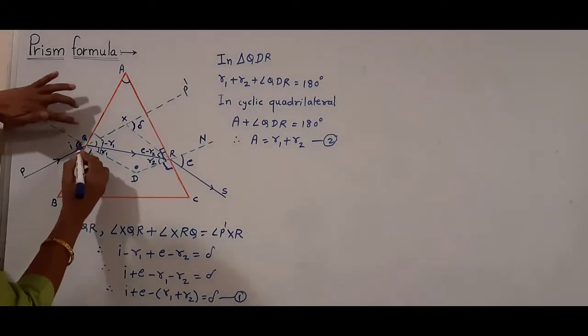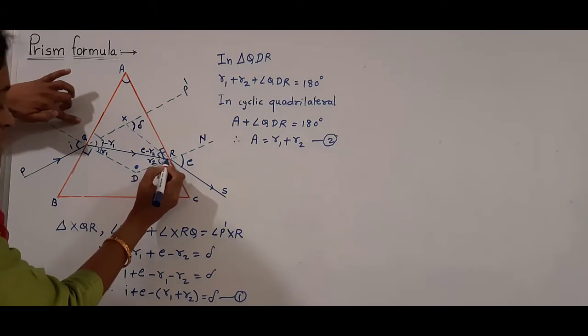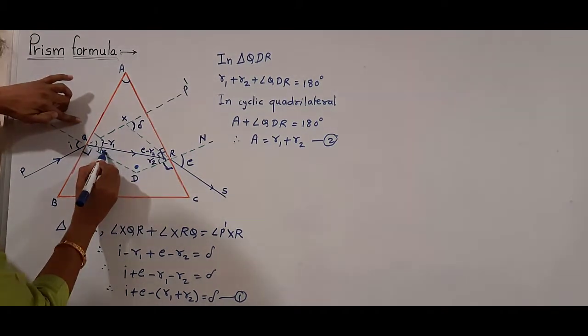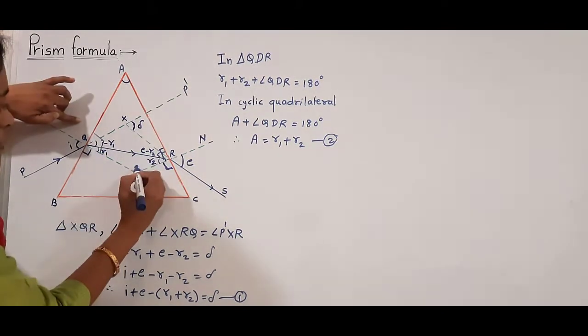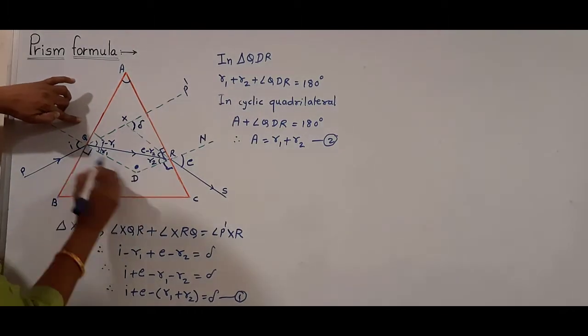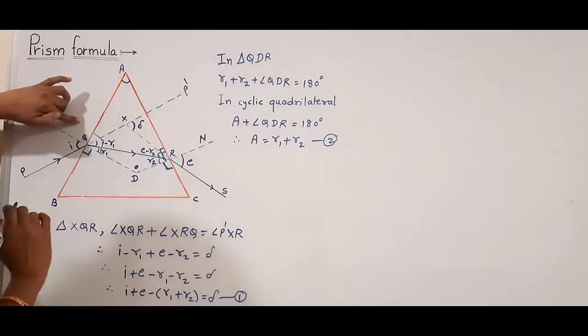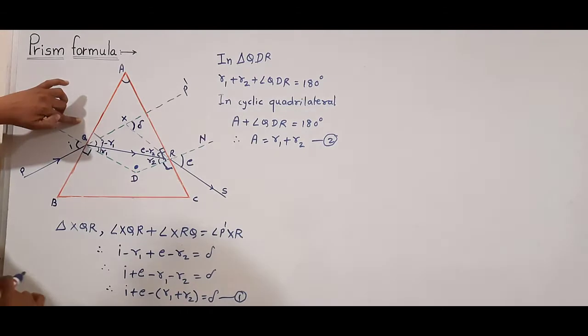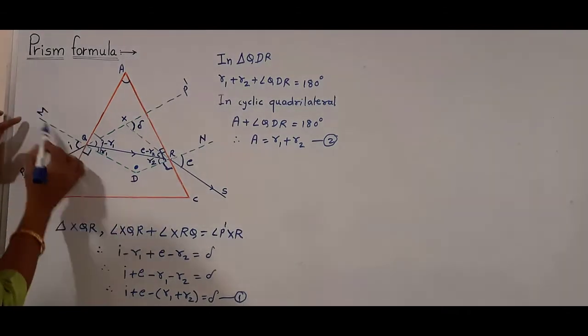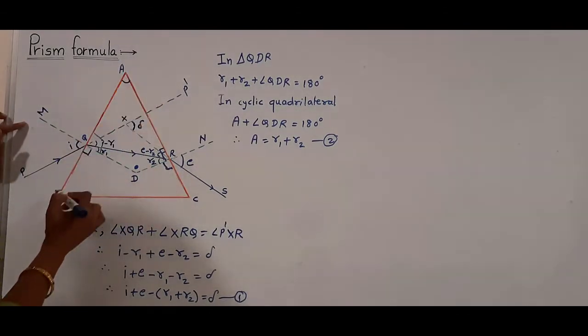In triangle QDR, angle R1 plus angle R2 plus this angle QDR is equal to 180 degrees. Now see, MD is normal to AB.